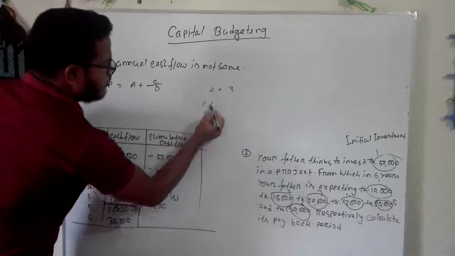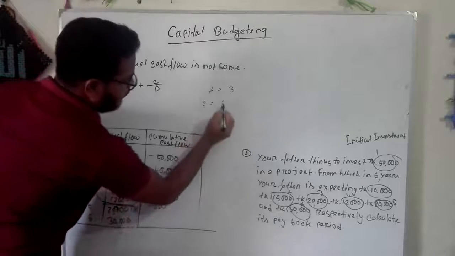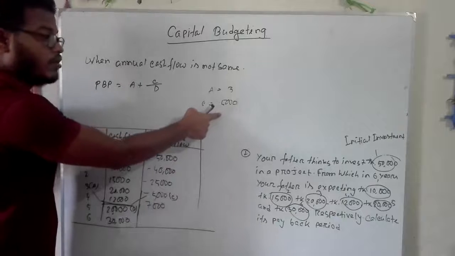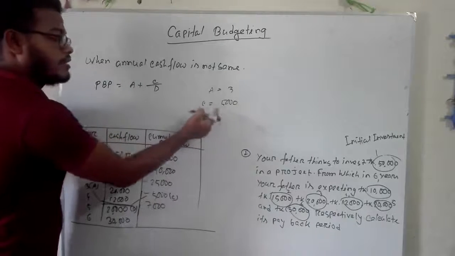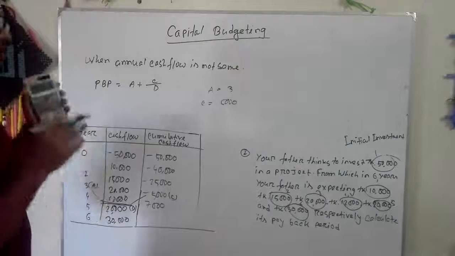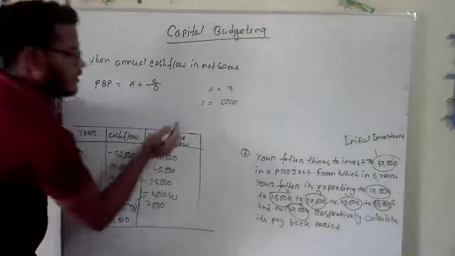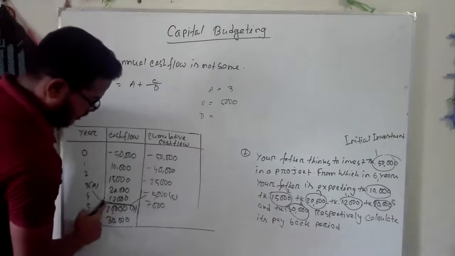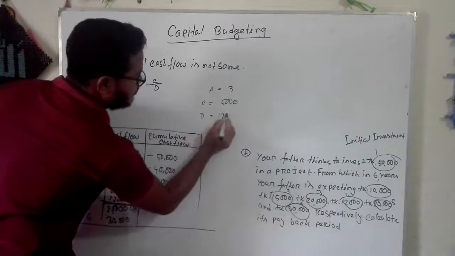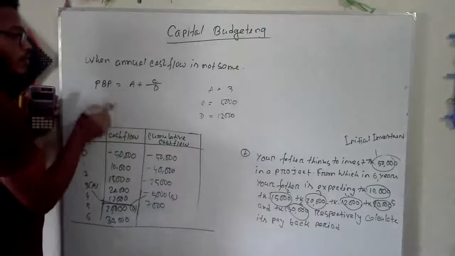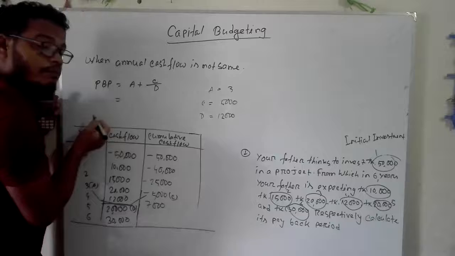C is 5,000. I take it as a positive value, because we do not accept the negative value. D is equal to 12,000. Now I put these values in the formula, then I will easily get the payback period.